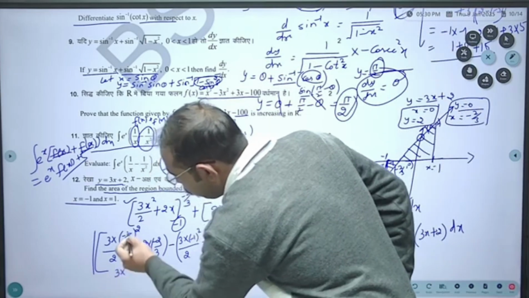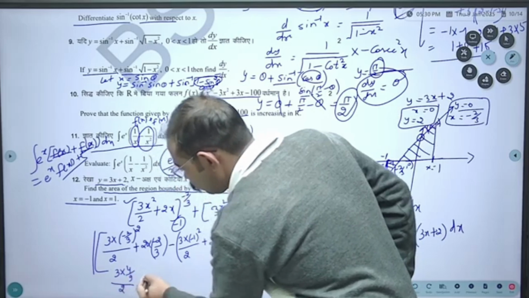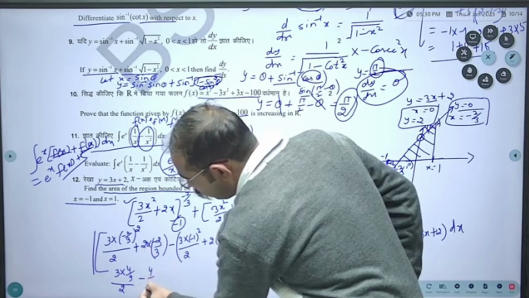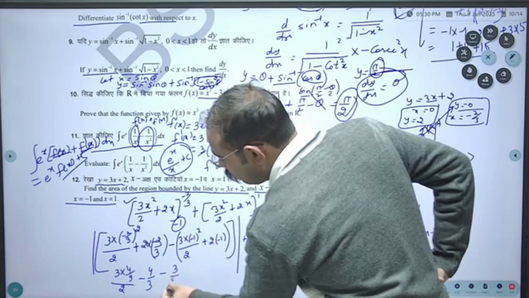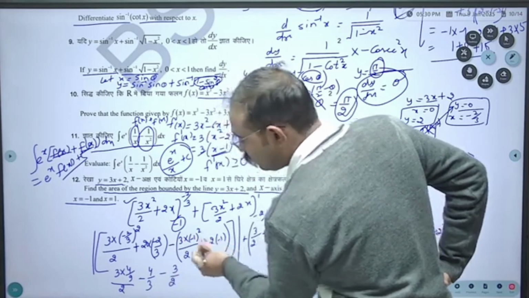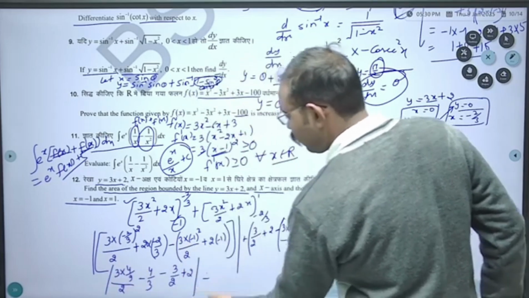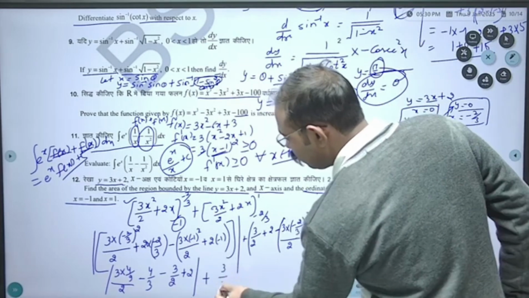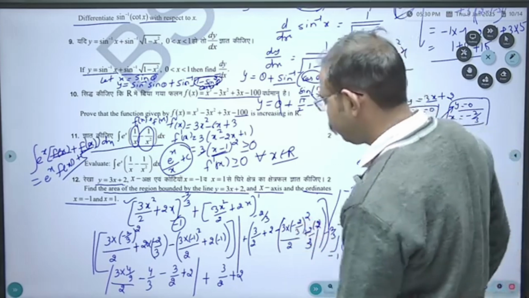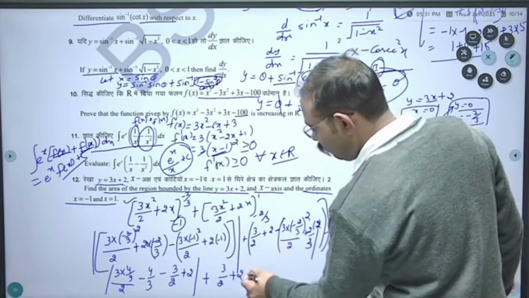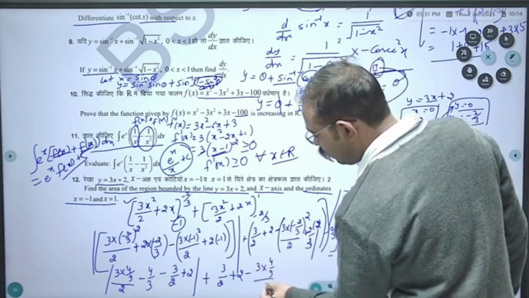3 multiply -2 square is 4 upon 3 square is 9, by 2. 2 multiply -2 is -4 by 3, minus 1 square is 1 multiply by 3, 3 by 2, 2 multiply -1 is -2, and minus times minus gives plus 2, plus this is 3 by 2 plus 2, and here minus 2 square upon 3, 3 multiply 2 square is 4 upon 9 upon 2.